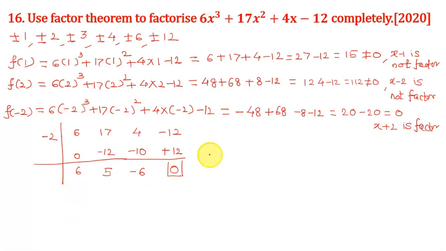Again the quotient: I will write Q equals 6x square plus 5x minus 6. 6 into 6 is 36, minus 36.